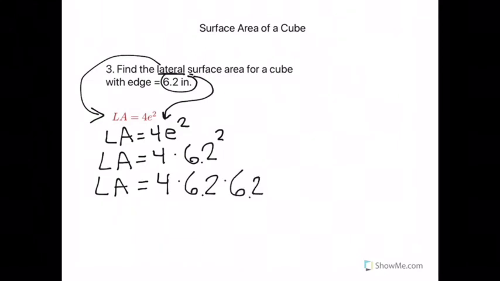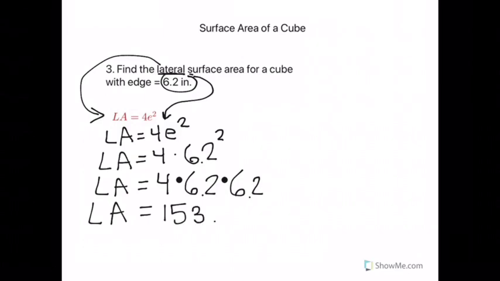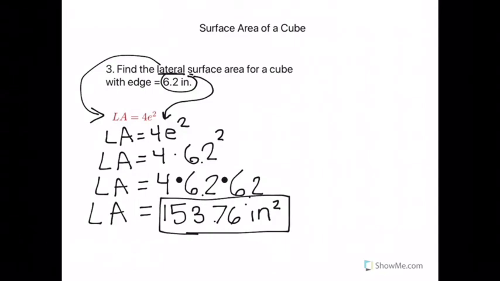Try not to get confused with these dots meaning times and then the decimal points. So in a calculator, 4 times 6.2 times 6.2 is 153.76, or you can do it by hand, obviously. And that is inches squared. Okay, let's try one more example like that and we'll be finished today.